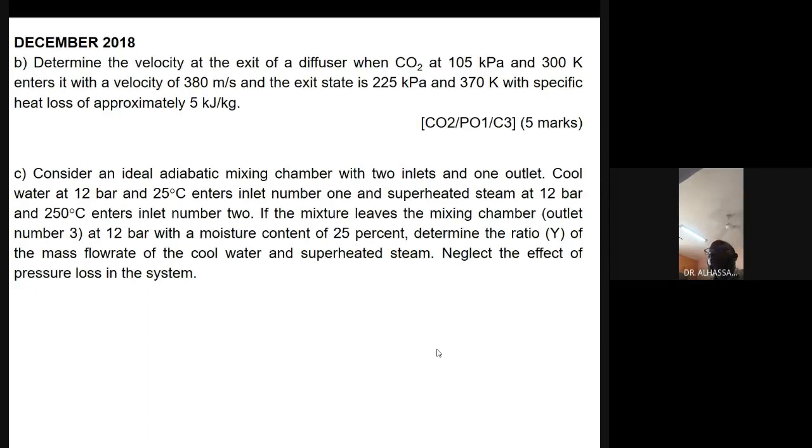We are told to determine the velocity at the exit of a diffuser, when carbon dioxide at 105 kilopascal and 300 Kelvin enters it with a velocity of 380 meters per second. And the exit state is 225 kilopascal and 370 Kelvin with specific heat loss. So here there is heat loss to the surrounding, which needs to be accounted for.